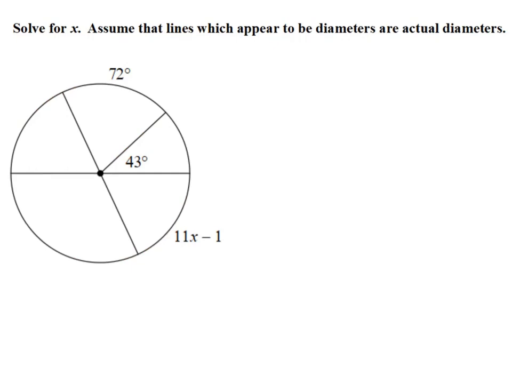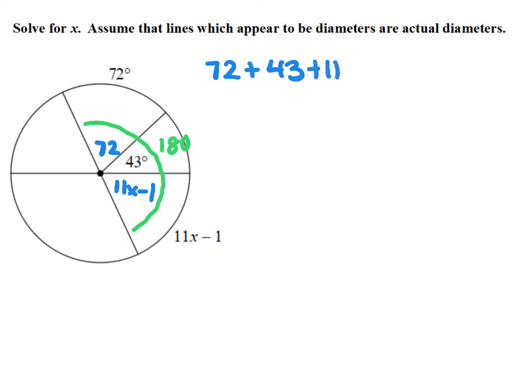Now for our next example, since we have that this arc is 72, I know that the central angle is also 72. And since the arc is 11x minus 1, this central angle is also 11x minus 1. And since these angles all combine to form a line, we know that they should add to equal 180. So you could say that 72 plus 43 plus 11x minus 1 should equal 180.